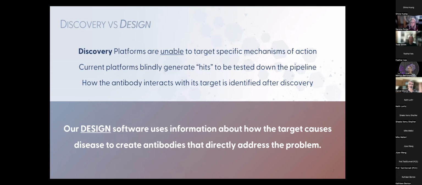And then there's this whole development pipeline that happens after this. So the thing that we want to do, and the reason why I get really excited about computational methods, is that you want to change it from a discovery process into a design process. This really comes from my engineering background. I really want to design a system rather than relying on just picking through things to find what works.